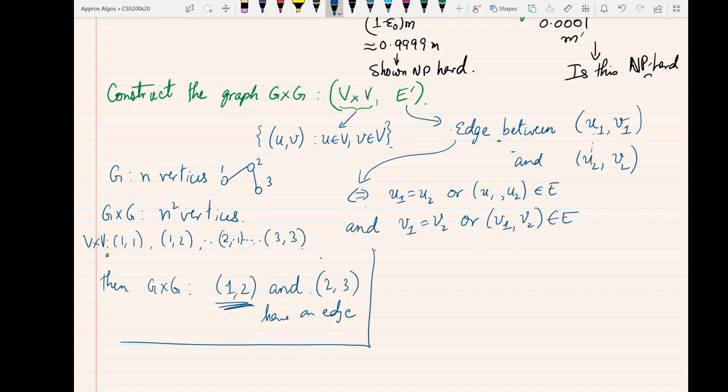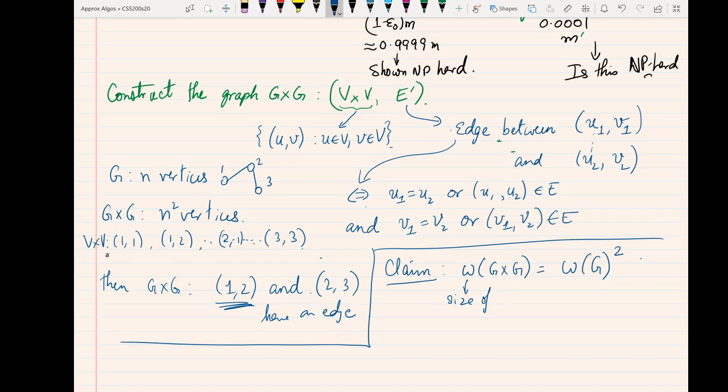So now we are going to relate the size of cliques in G and G cross G. Okay, so the claim is the following. The size of the max clique in G cross G is equal to the size of the max clique in G, squared, where omega is max clique.